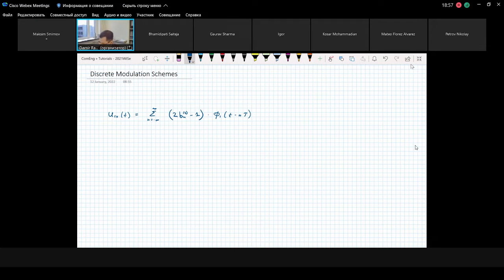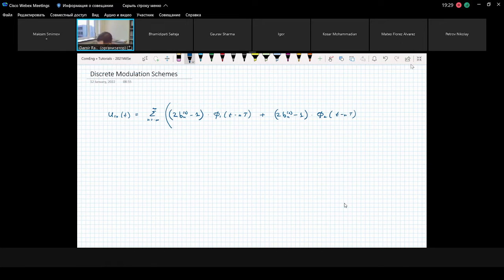You see that for each symbol interval we have a correspondingly shifted pulse shape function phi1, plus, and we should open bigger parentheses because it's still part of the summation, plus (2Bn superscript 2 minus 1) times phi2(t minus nT).